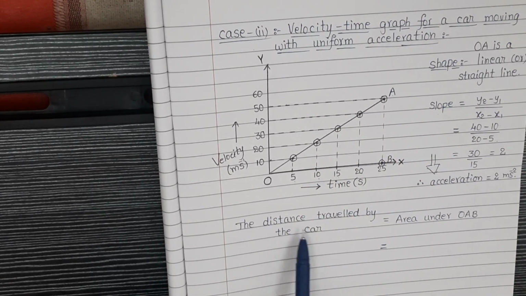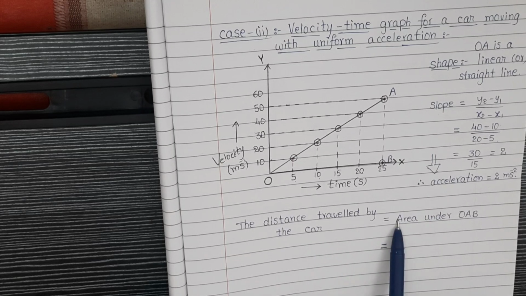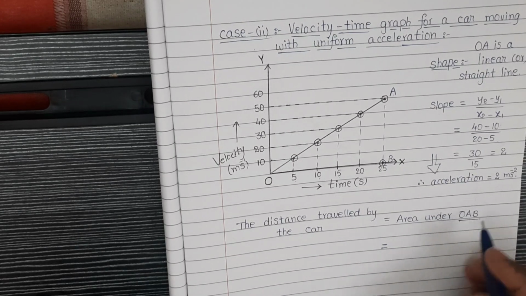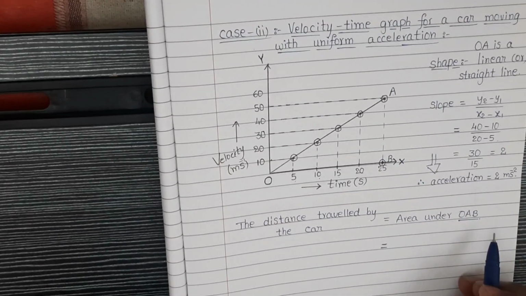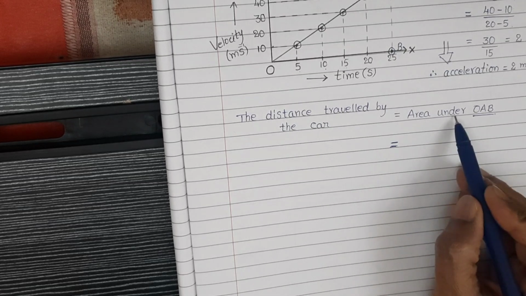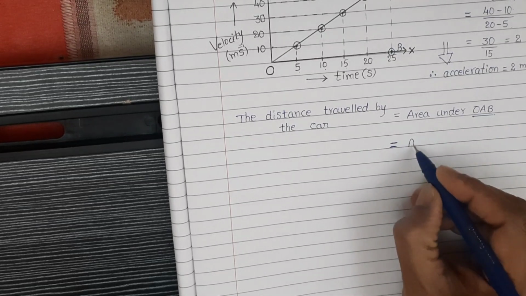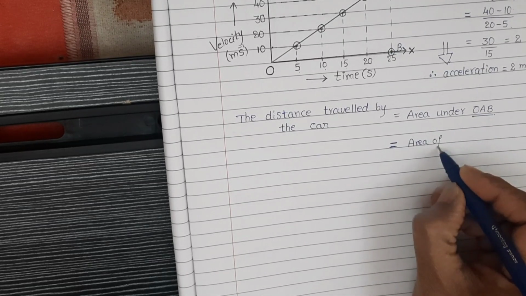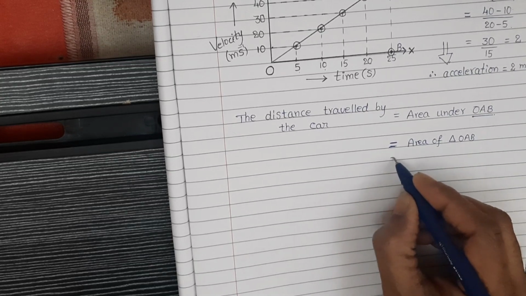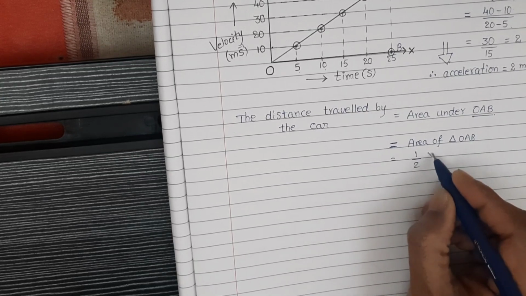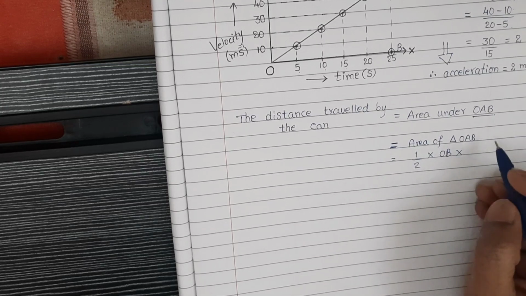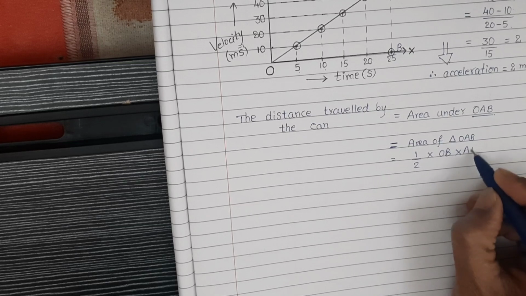Next, the distance traveled by the car is equal to the area under OAB. You all can see the shape of OAB is nothing but a triangle. Therefore, the area under OAB is nothing but the area of the triangle OAB. That can be given by half into the base of the triangle, which is OB, times the height of the triangle, which is AB.